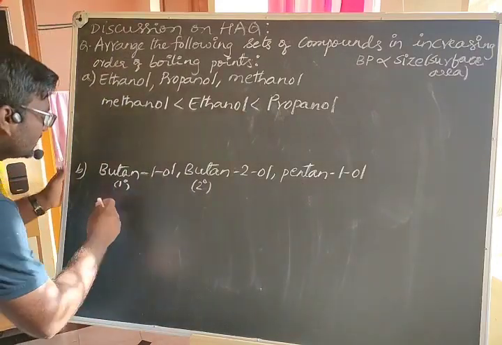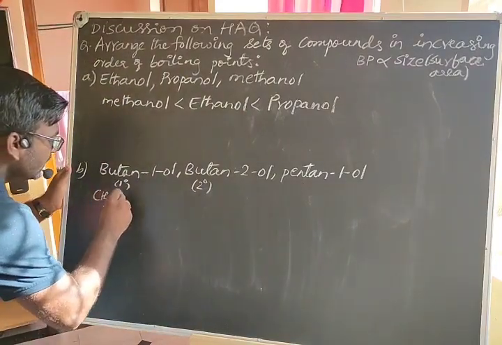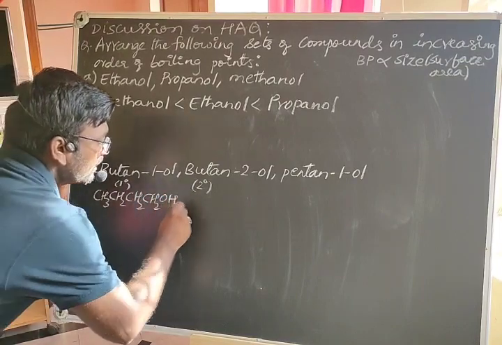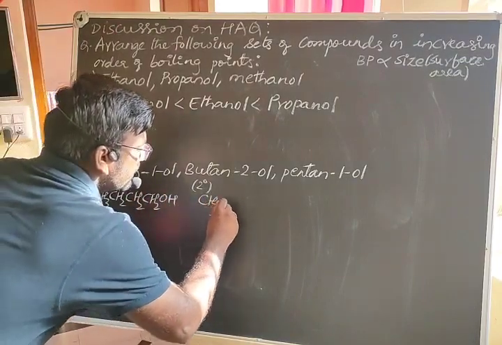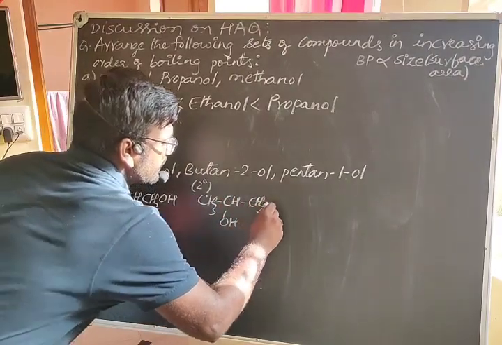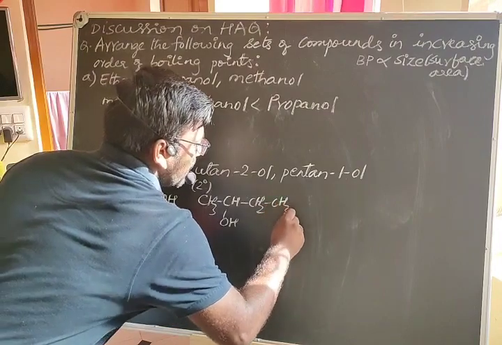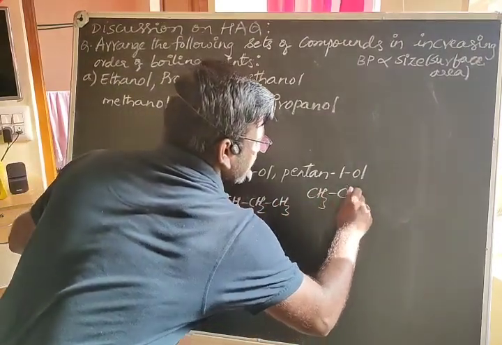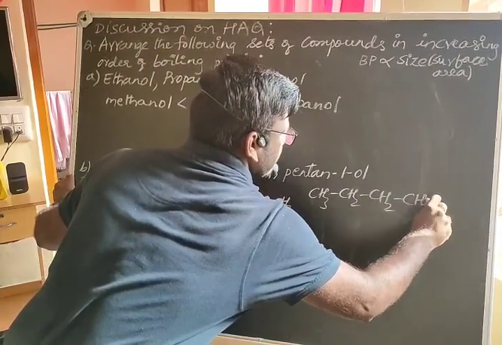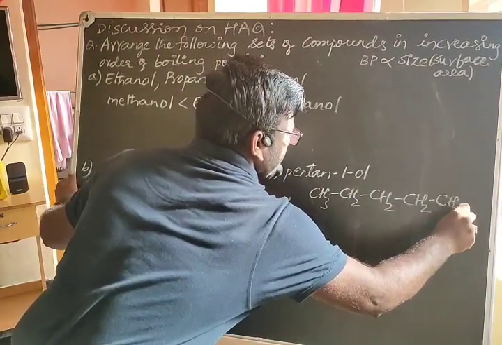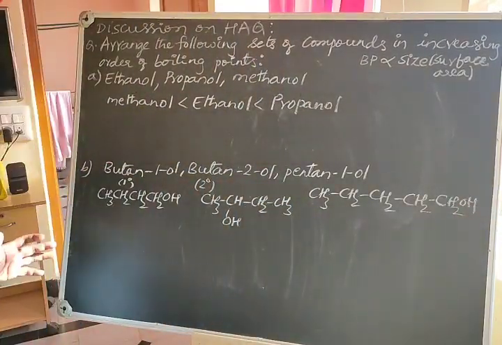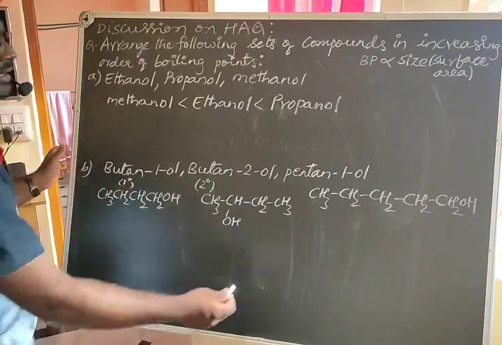parent chain. When you look at the structure, CH3, CH2, CH2, CH2OH. Okay, here it is CH3, CHOH, CH2, CH3, and this is CH3, CH2, CH2, CH2, CH2OH. Okay, yes. Now, which is having the larger surface area?